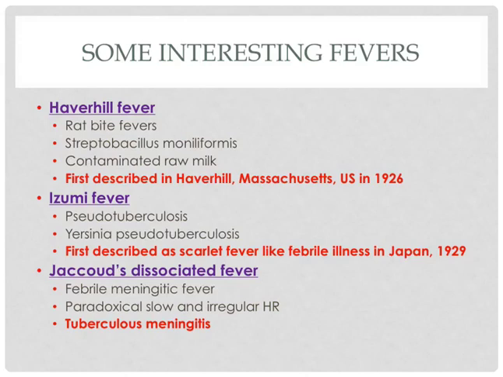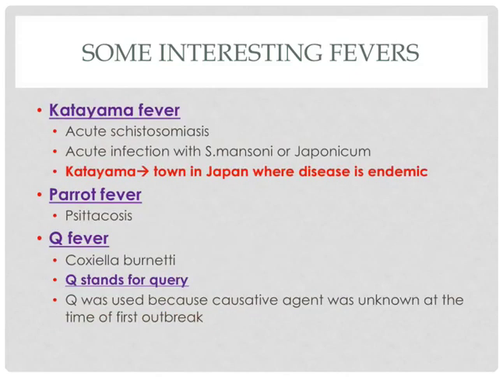This was interesting. Jaquet's dissociated fever, the TB meningitis. When the patient has TB meningitis, they can present with a paradoxical slow and irregular heart rate, and that's why it's called dissociated fever, and Jaquet is the physician who actually described this. Katayama fever, we've heard of this. It's a town in Japan where the disease is endemic, and it's the acute schistosomiasis.